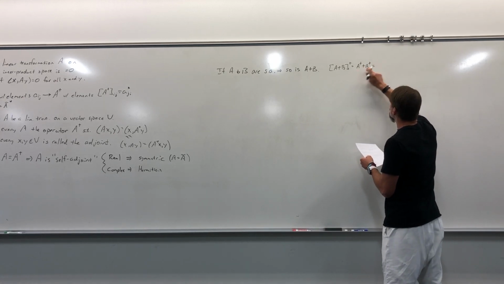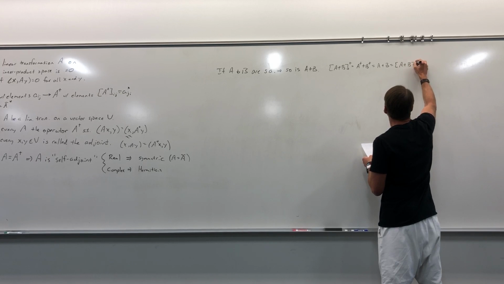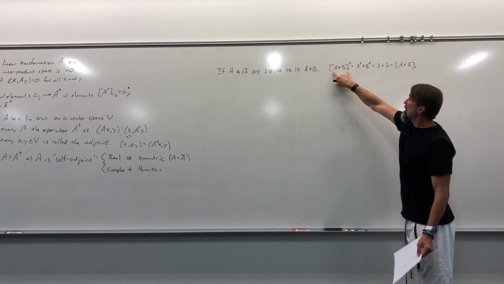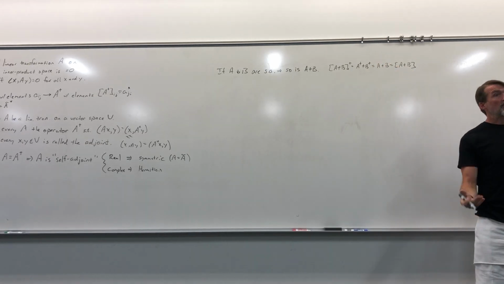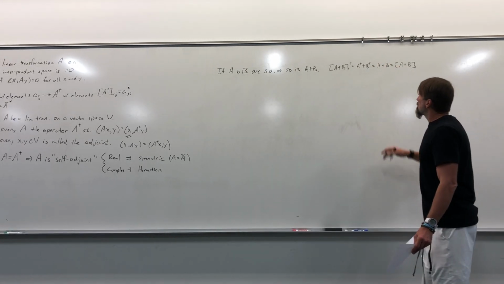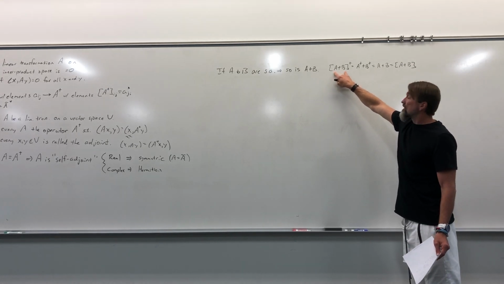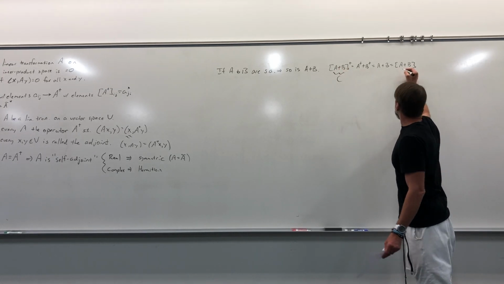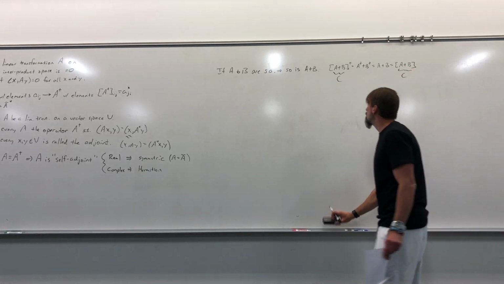But if these are individually self-adjoint, that's just A plus B. Well, now everything in those brackets, daggered, is everything in those brackets. So the sum of two self-adjoint operators gives me back a self-adjoint operator. If I call this C, that's C dagger equals C. So that's simple.